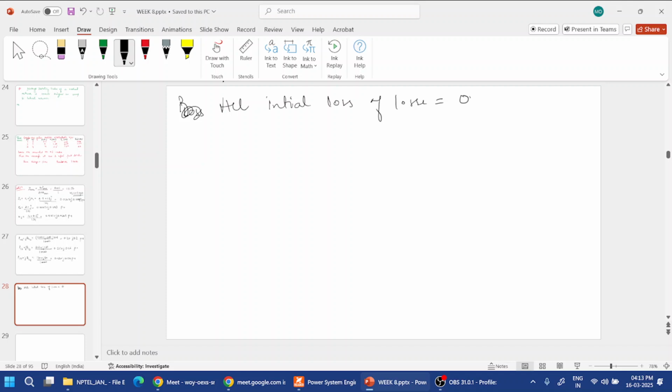Basically, P2, you should know this formula: PL1 plus PL2 plus PL3 plus PL4 plus initial values. These all come out to be 0.67 per unit.